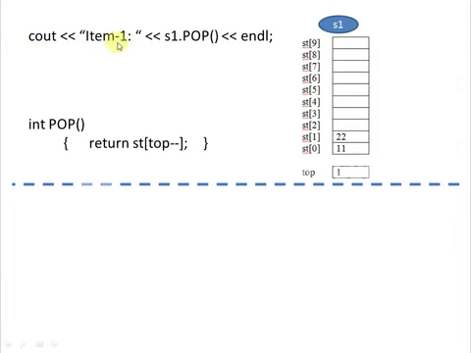Count item 1 equals s1 dot pop. The s1 object is calling the pop function, so in the pop function top has value 1, and st of 1 is this location.